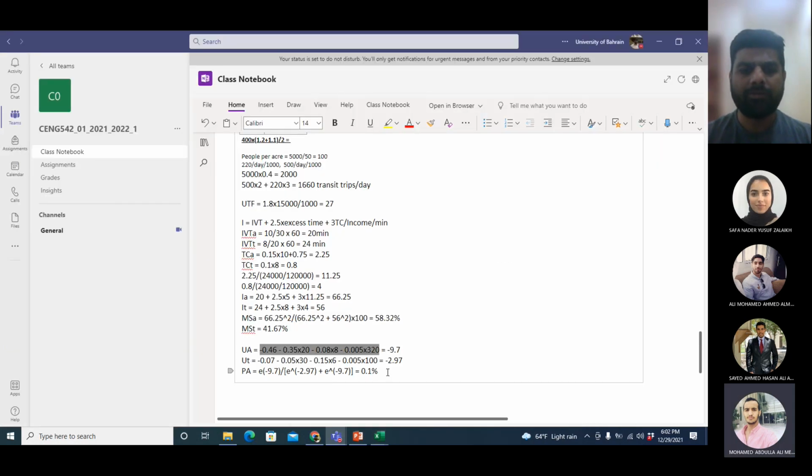So 0.1%. The remaining is the probability of using the transit then.